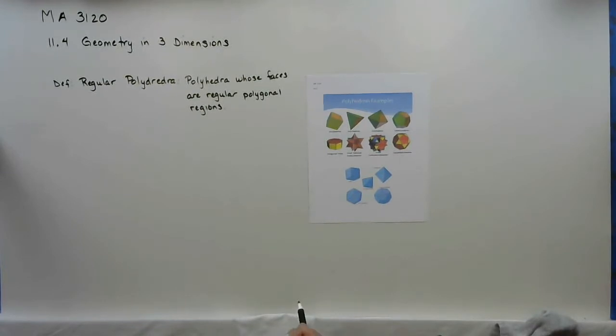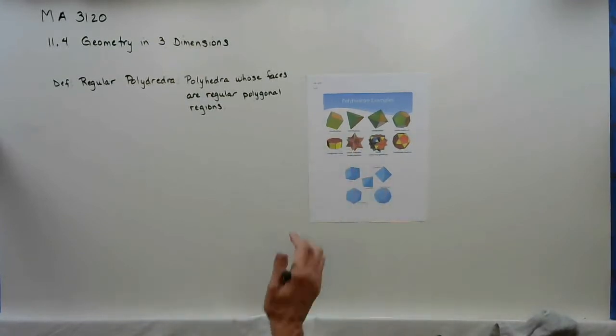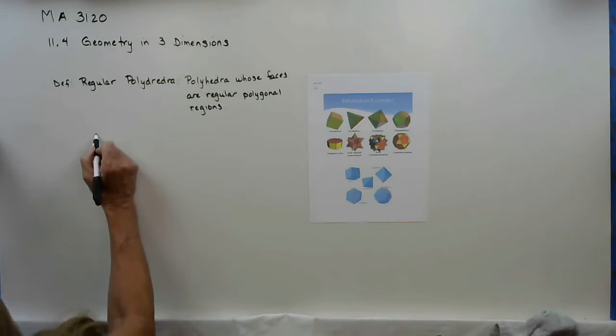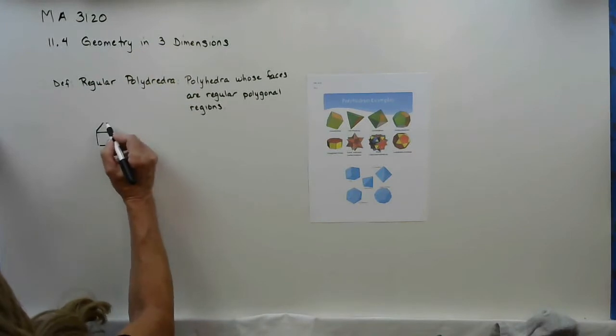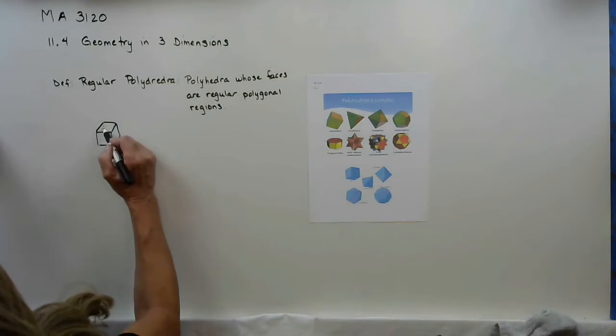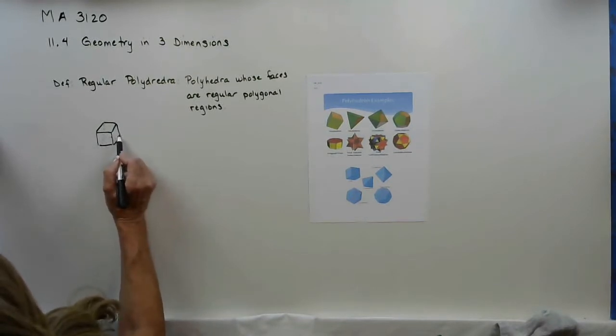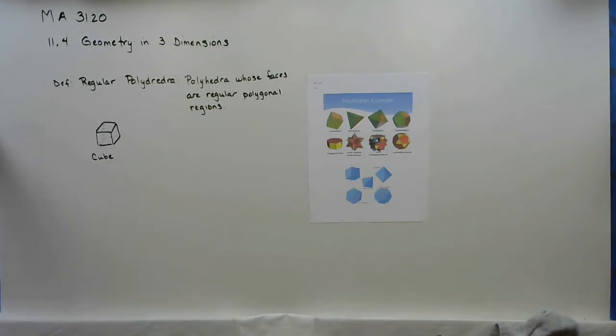We have a tetrahedron, which is 4 triangles. But before I do that, let's start with a cube. Your basic cube. If I start with a square and extend it the exact same distance so that each of these surfaces is also a square, I get a cube.